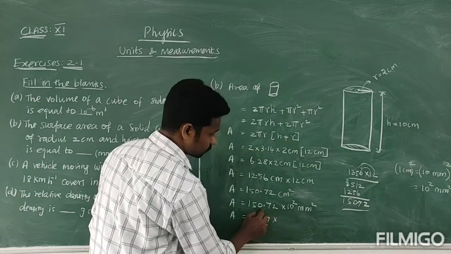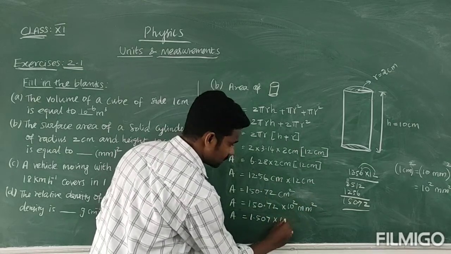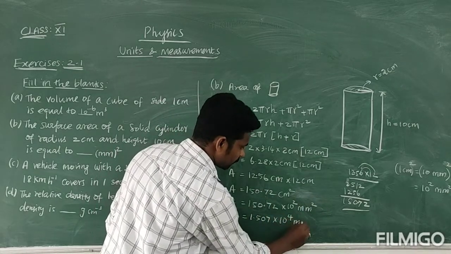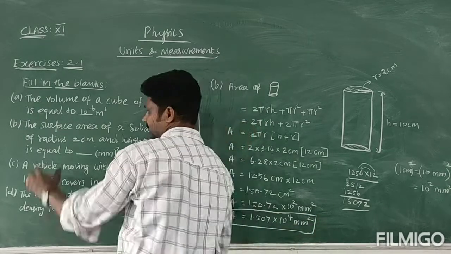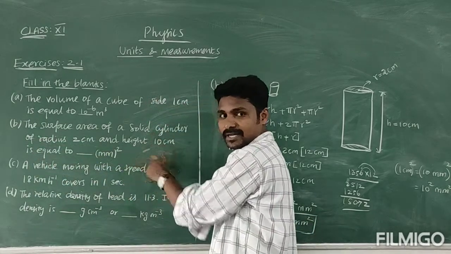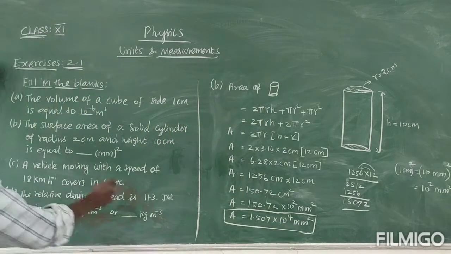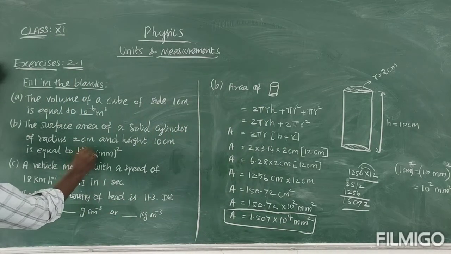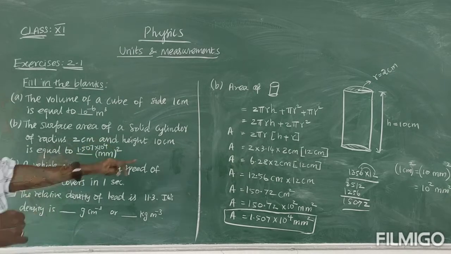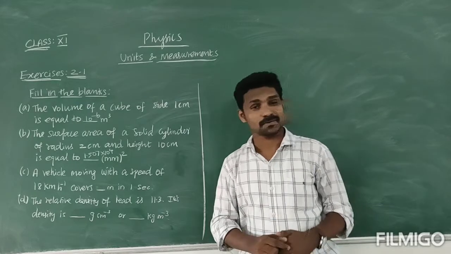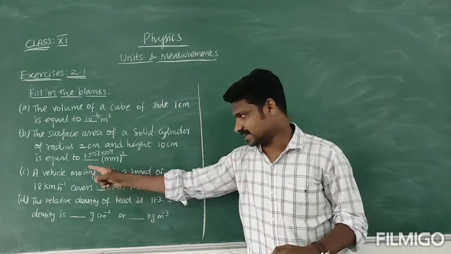The power is increasing by 2, and already here 10 power 2 is there, so we can write 10 power 4 millimeter square. So this is the surface area of the cylinder in millimeter square: 1.507 into 10 power 4 millimeter square.